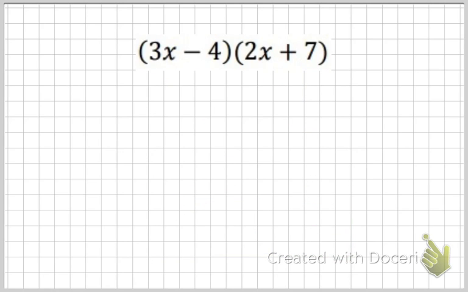I'll try one more problem. 3x minus 4 times 2x plus 7. FOIL. 3 times 2, 6. X times x, x squared.